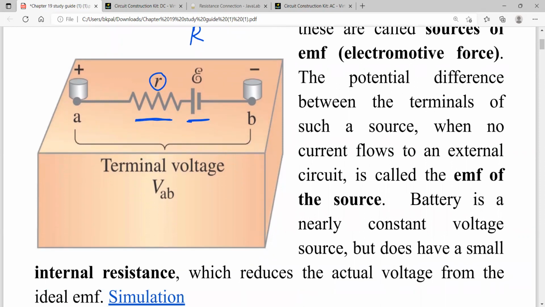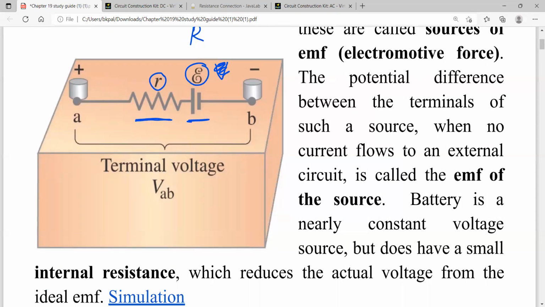If we look at this diagram, for electromotive force we normally use this symbol, curly E. Instead of writing V, we use curly E. So curly E means the electromotive force.